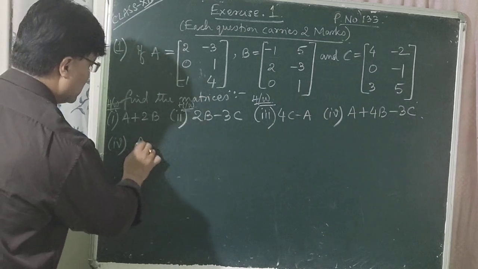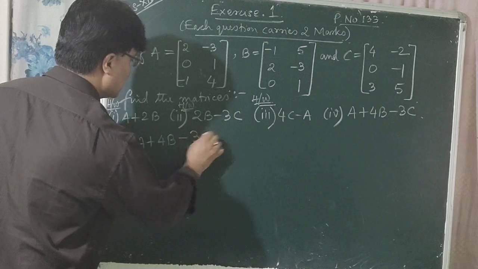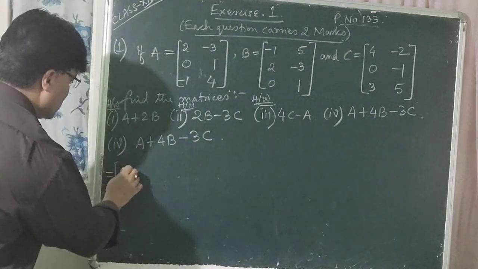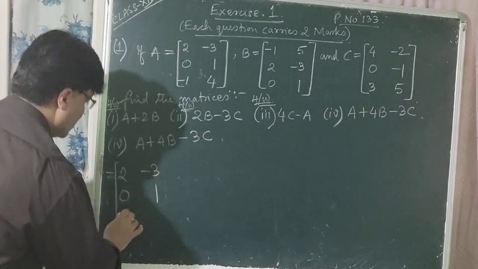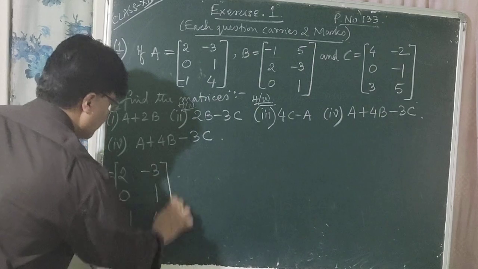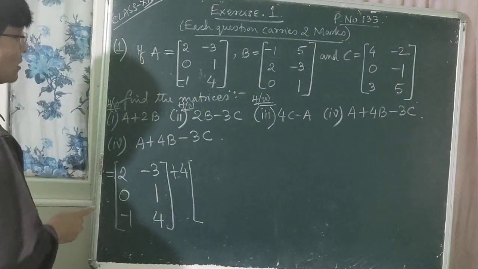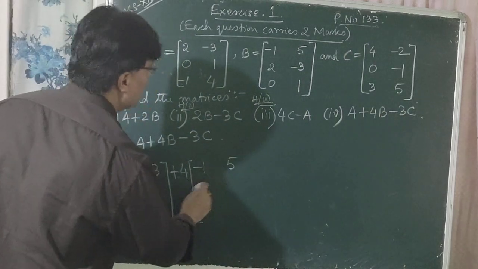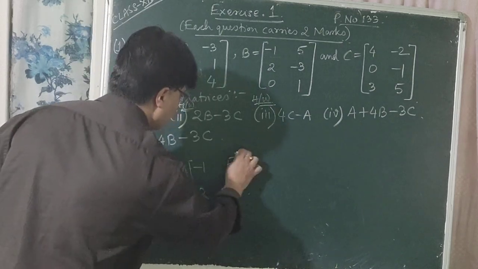Now it is given A plus 4B then minus 3C. So is equal to, what is the matrix A out here? It is 2 minus 3 0 1 minus 1 4. Then plus 4, what is the matrix B? Let us write down the matrix B. Minus 1 5 2 minus 3 and 0 1.